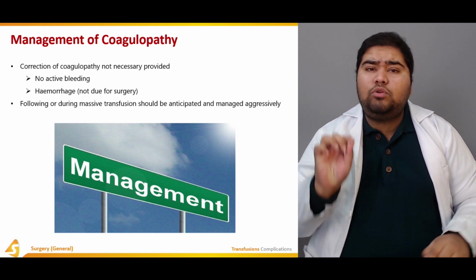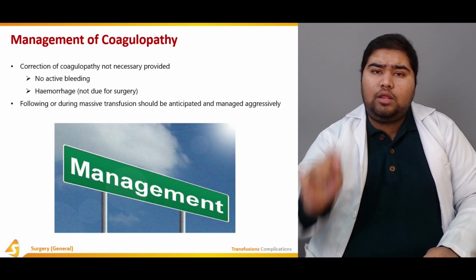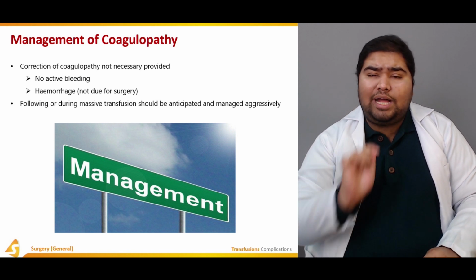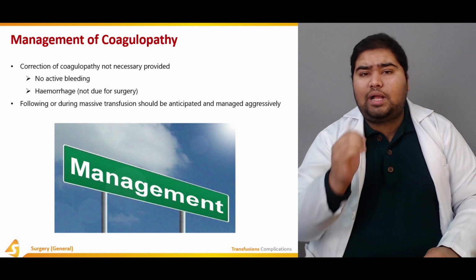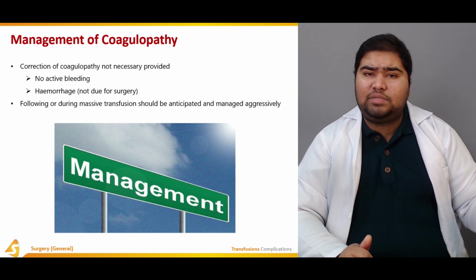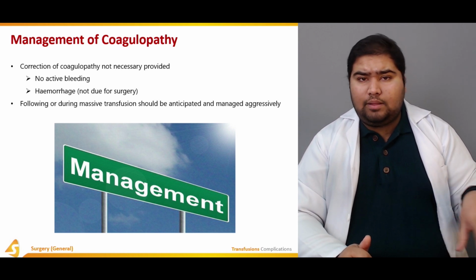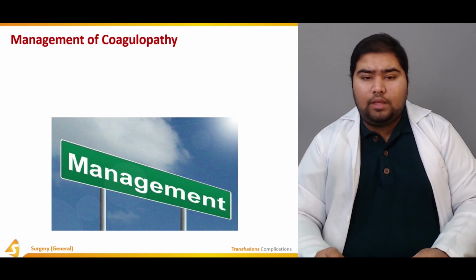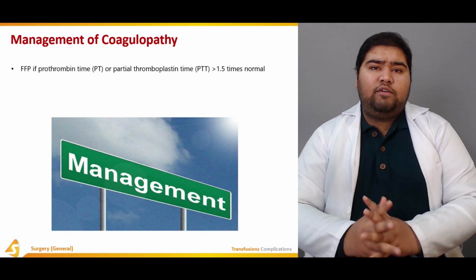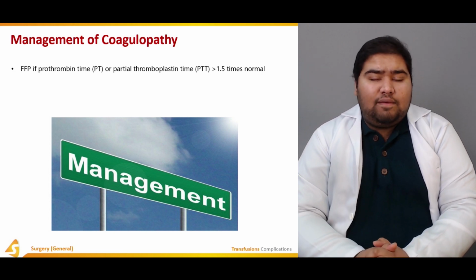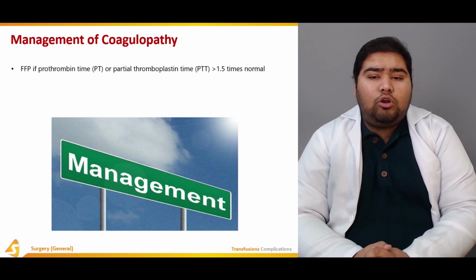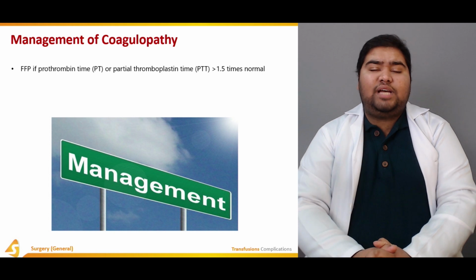So once you know that coagulopathy will be there, you should develop an algorithm so that your management always takes into account the coagulopathy, be it consumptive or the dilutional type. Now, fresh frozen plasma is given if the prothrombin time or the partial thromboplastin time, the PTT, is more than 1.5 times normal.